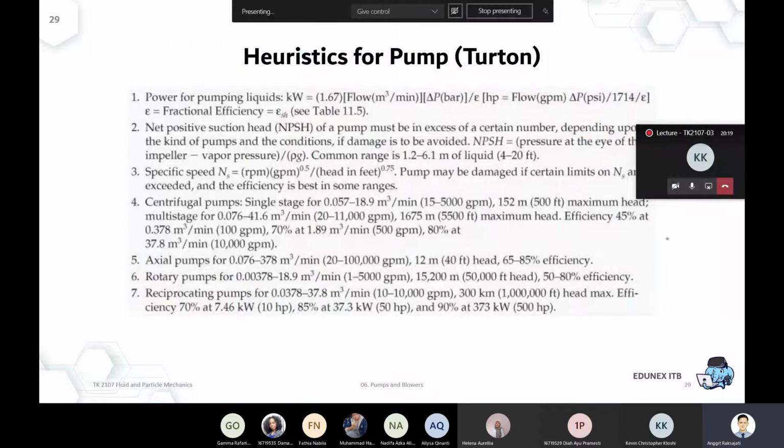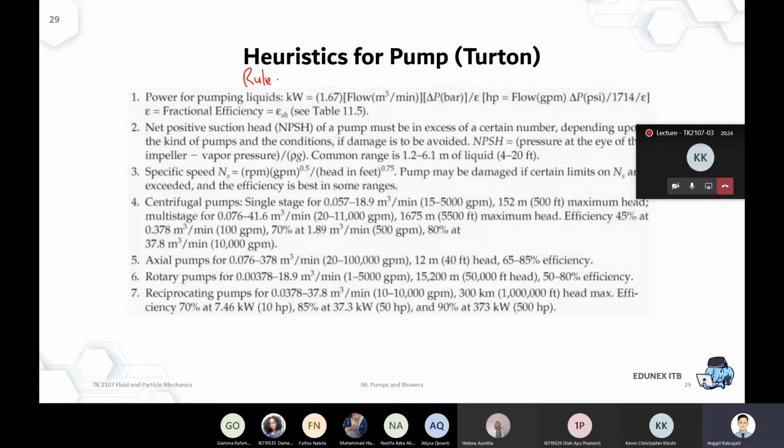And this is like a heuristic, and usually someone will say it is some rule of thumb, which is gathered from a lot of handbooks or references in chemical engineering. For example, this is coming from Turton. As you can imagine, we need a lot of numbers: correction factor, efficiency, delta P. A lot of those things will be limited by some practical constraints or practical considerations.